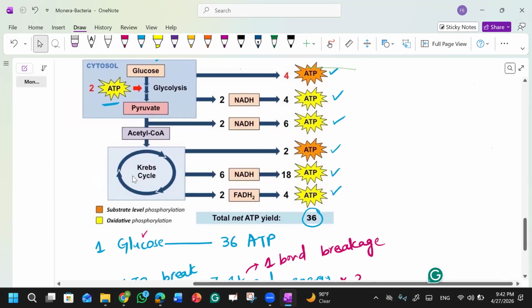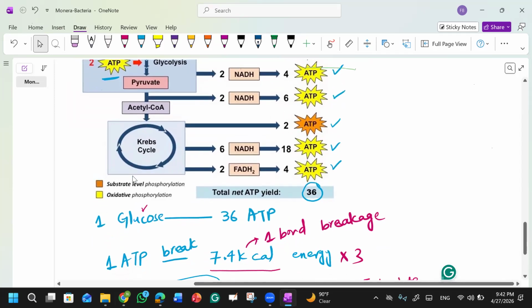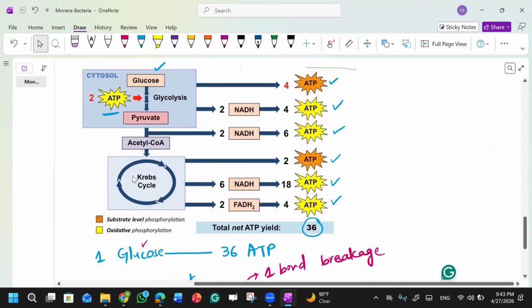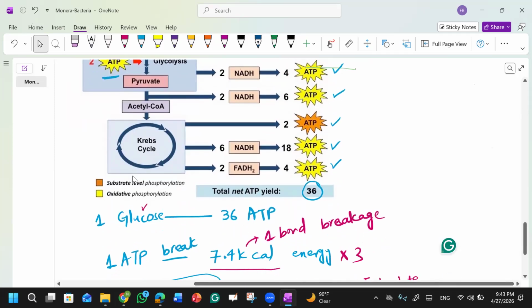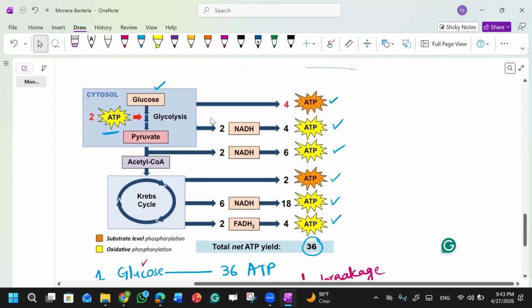Then glucose will combine with oxygen, right? Yes, and then it will give ATP. There will be different reactions, you will study this in AS inshallah.